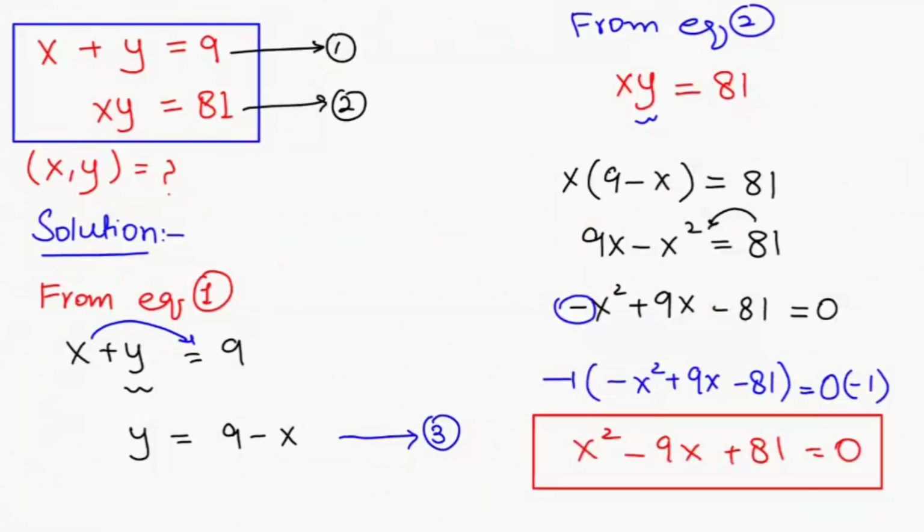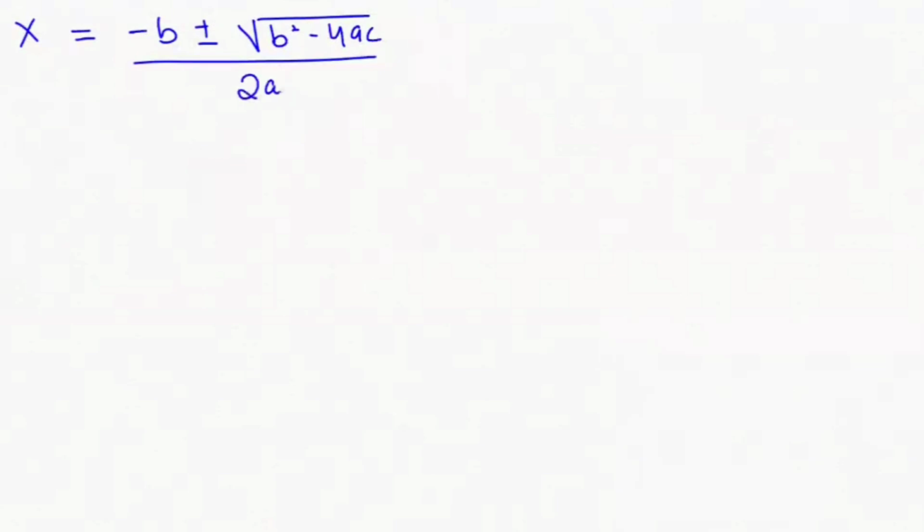Now I'm going to find the value of x by using the quadratic formula. So the coefficient A is 1, B is negative 9, and C is 81. So I'm going to plug the values of A, B, and C into the quadratic formula: x equals minus B plus or minus root of B squared minus 4AC over 2A.